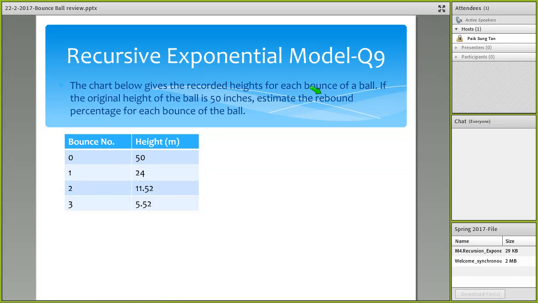Okay, if you study the content, for a rebound percentage, you use the number from the next bounce divided by the original height. So in this case, your rebound percentage will be 24 divided by 50, then multiply by 100.